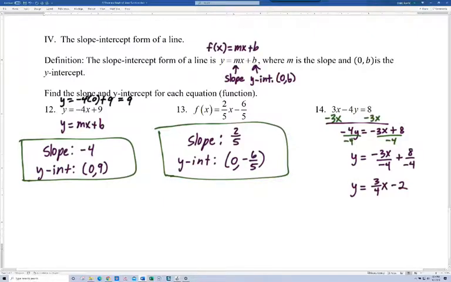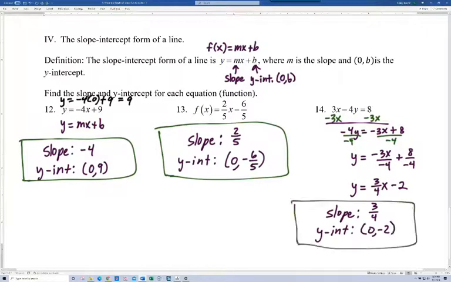Of course, -3 divided by -4 gives you the 3/4. And so now we've solved for y, and it's easy to see what our slope is, and also our y-intercept. We have y equals 3/4 x minus 2. So our slope is 3/4, and our y-intercept is the point (0, -2). All right, and that's the end of this video.